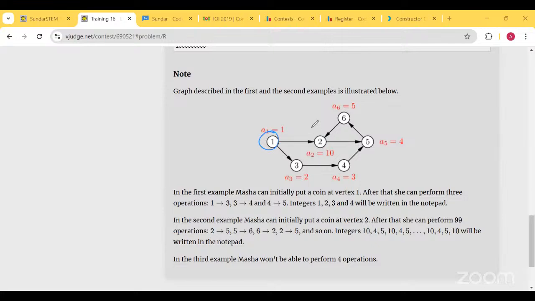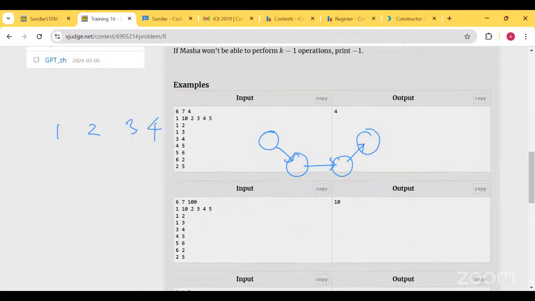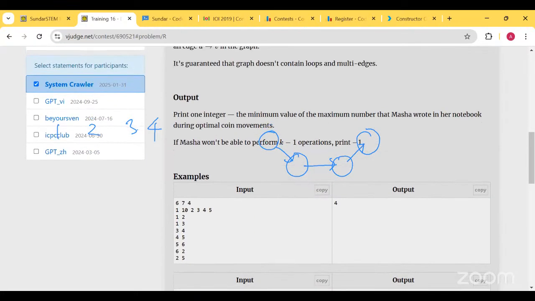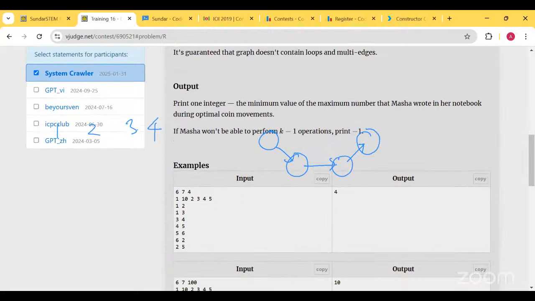And then we can go to another vertex, for example, go here, and then go here, and then go here. And then we will write the value for each visited node. So the visited nodes are 1, 2, 3, 4. So the maximum number is 4.